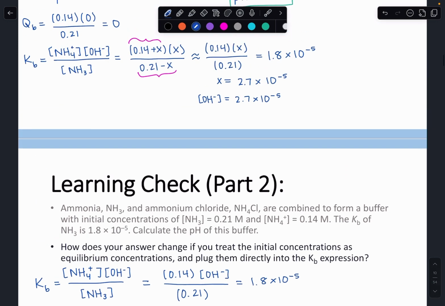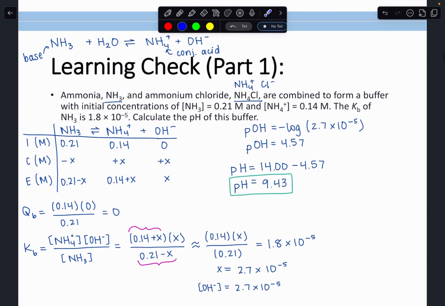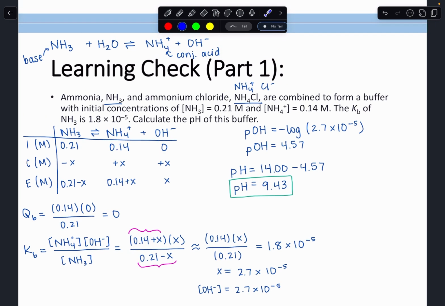If we go back to what we did on the previous page, we got the same concentration here. It's because we're working with weak acids and bases, and we can approximate x as being approximately 0.